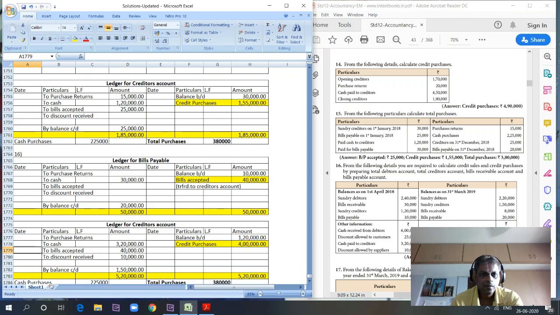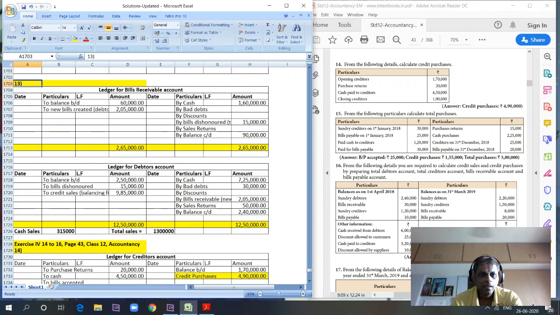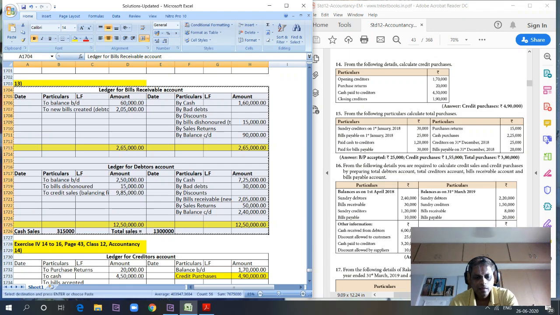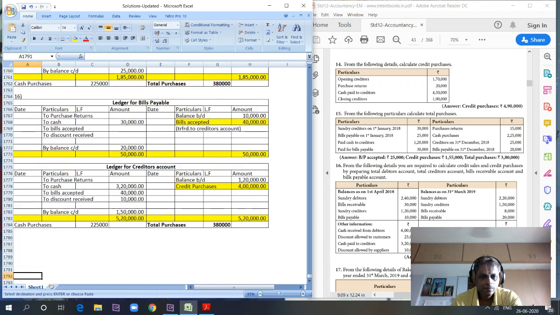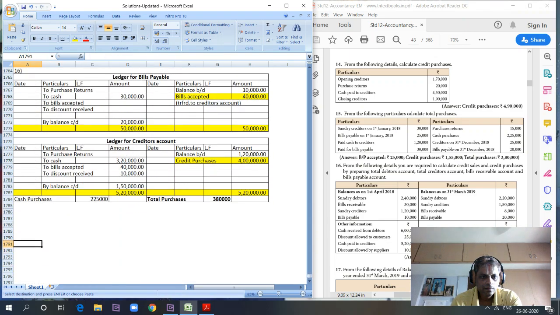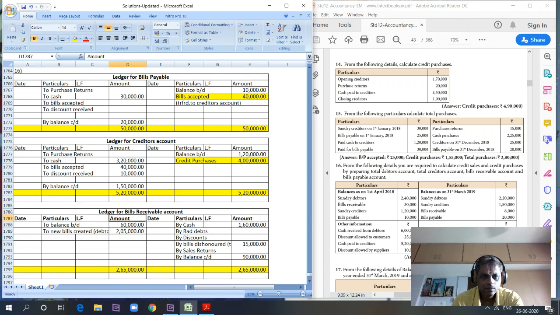Now let's move on to prepare the bills receivable account and then the sundry debtors account. I'm copying the format from the earlier one. Ledger for bills receivable account.